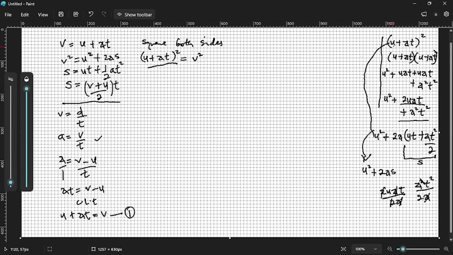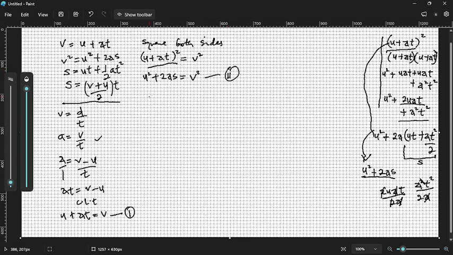So where we have this, we'll put this, so that this will now be V squared equals U squared plus 2ax. So this is equation 2.